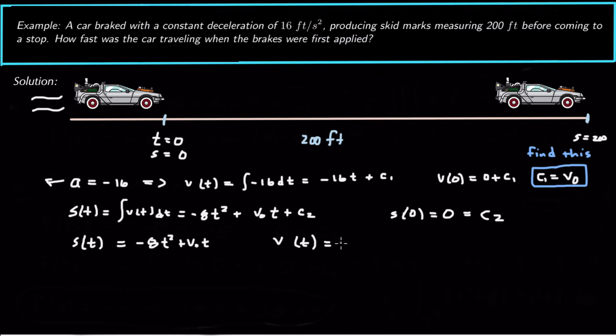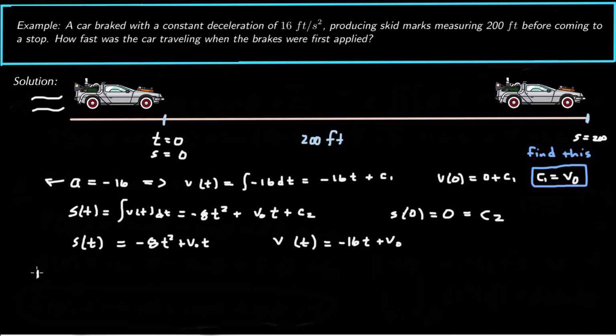Velocity, just to remind ourselves, is negative 16t plus v0. Now, how can we figure out how much time it took to make the skid marks of 200 feet? When the velocity is 0, s is equal to 200. So when we come to a stop, velocity is 0.